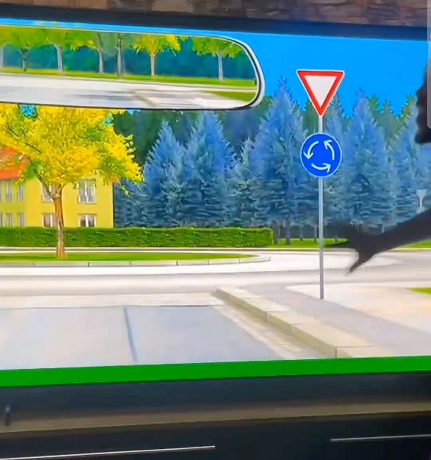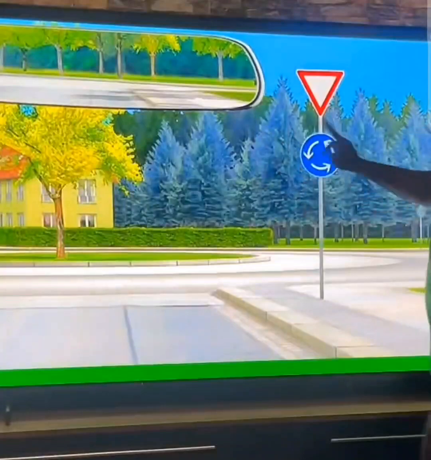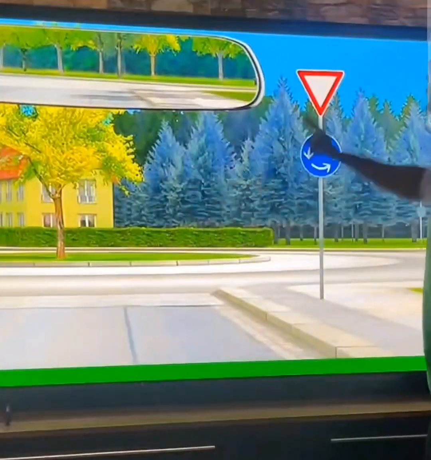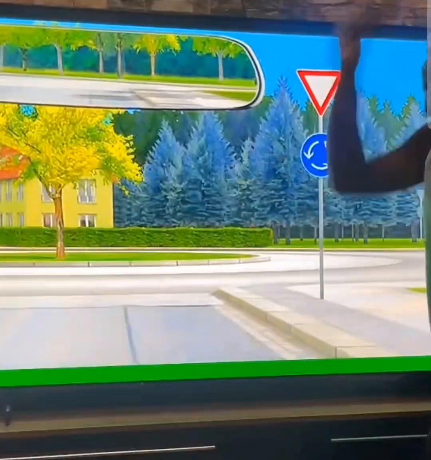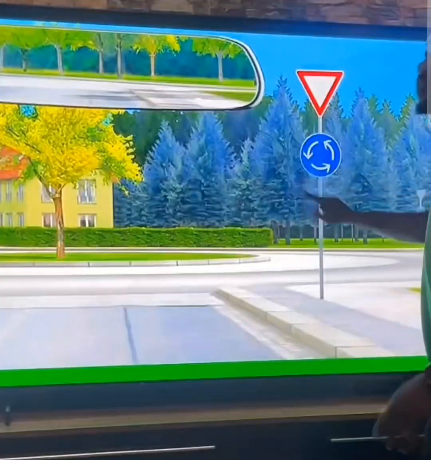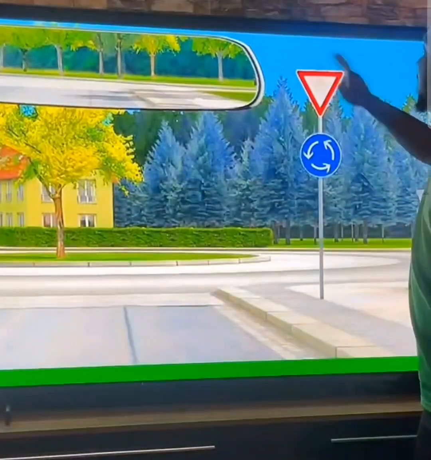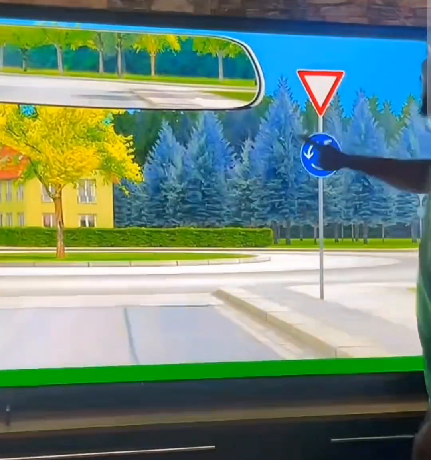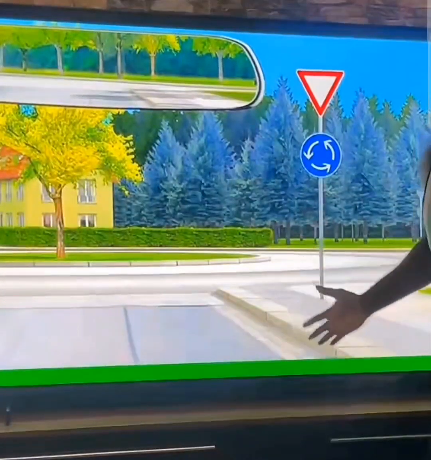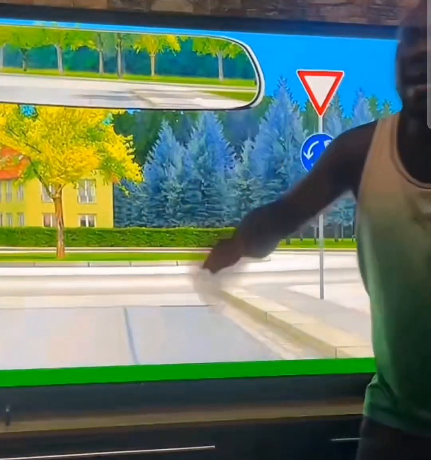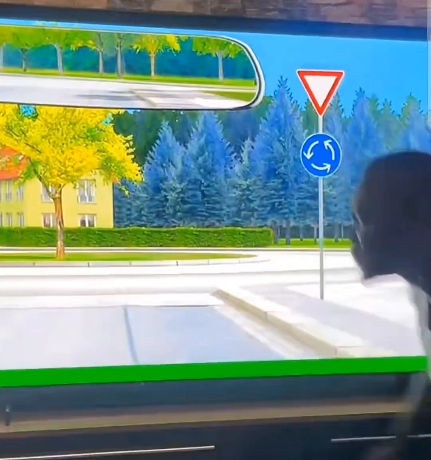Now, this is a roundabout, and this is a stop and give way sign. So here means that you are stopping and giving way to anybody you see in this roundabout. Because this sign here is requiring us to stop.